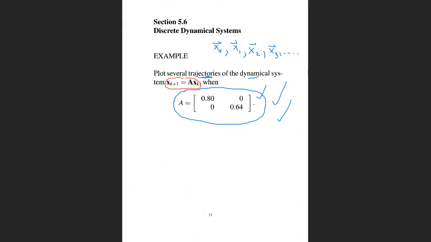And of course, we could use MATLAB to find the eigenvectors, but they would be easy to find though. Here are the two eigenvalues, here are the two eigenvectors. And we know from what we've learned in section 5.6 that the kth vector in this trajectory can be found using this formula here.